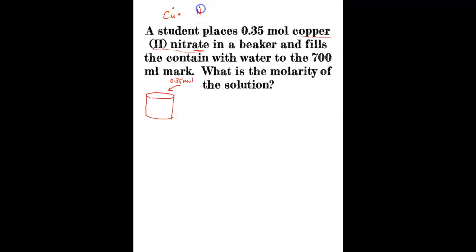So when I look at my polyatomic chart, I see that nitrate is NO3 and that nitrate has a -1 charge, which means that I'm going to have 7 valence electrons. This copper wants to get rid of 2, nitrate wants to gain 1. So at this point, the nitrate got its 8 valence electrons that it wants, but this copper hasn't lost its 2 valence electrons, so it wants 1 more nitrate.